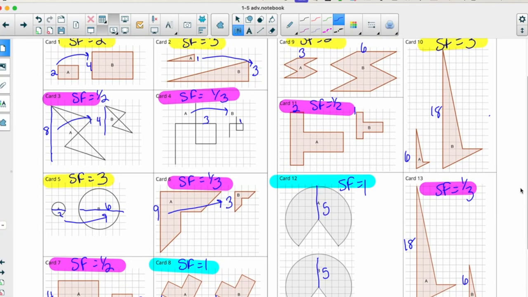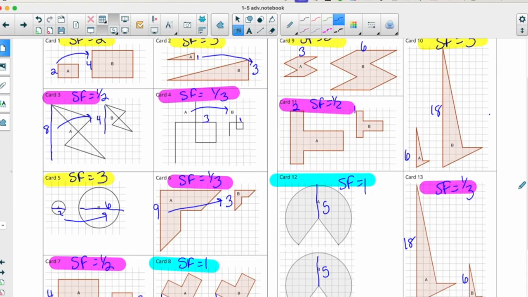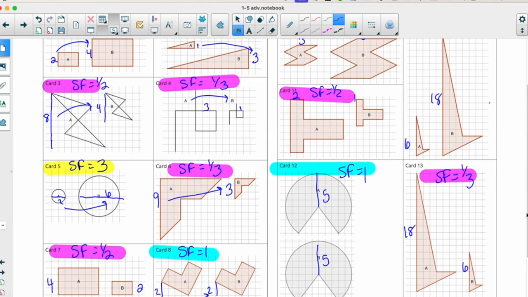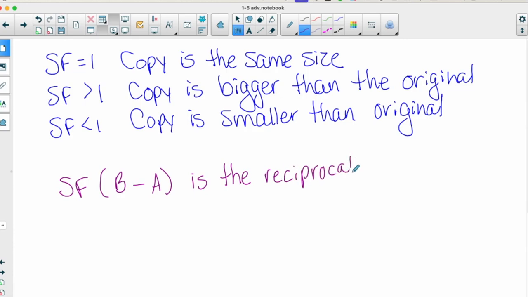And we noticed something here, that the scale factors were reciprocals of each other. And so if we know the scale factor from A to B, then the scale factor from B to A is the reciprocal of the scale factor from A to B.